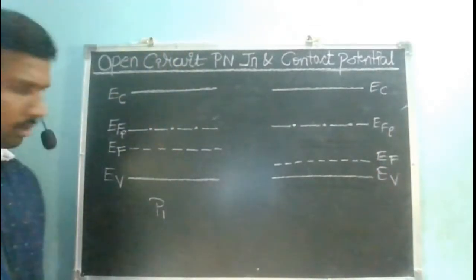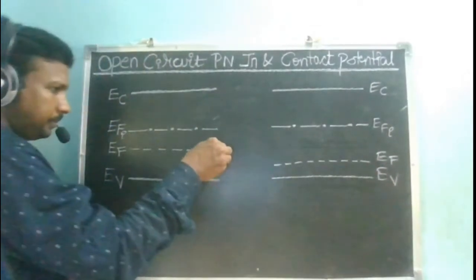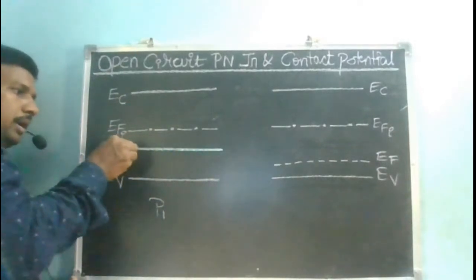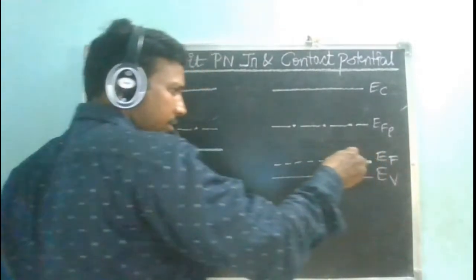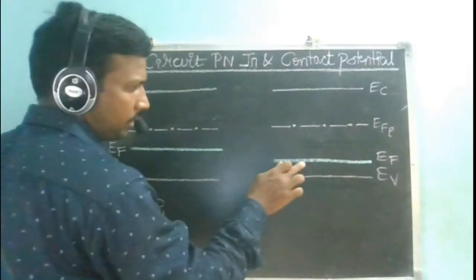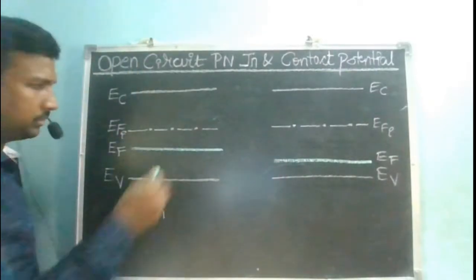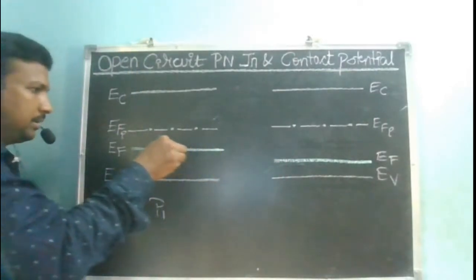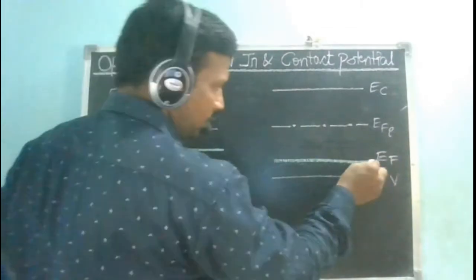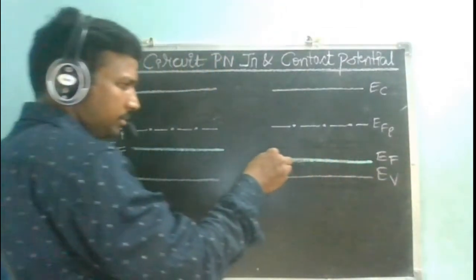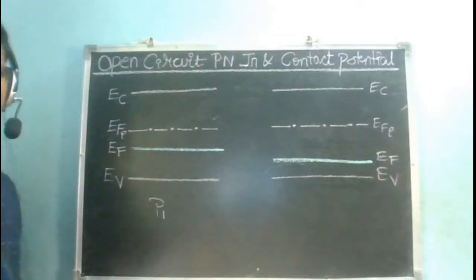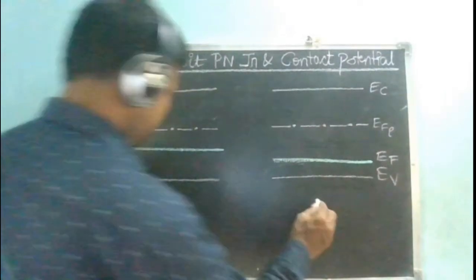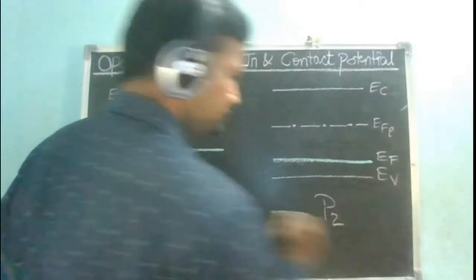I'll draw it with a color chalk, a green color chalk piece. I don't know whether the color is visible or not. Let us denote this with P2.